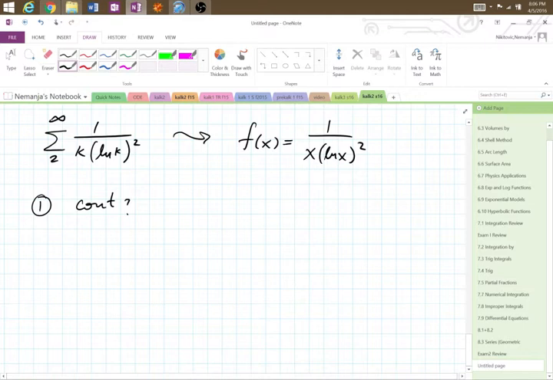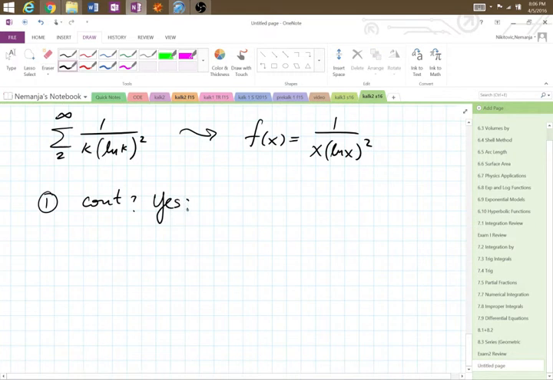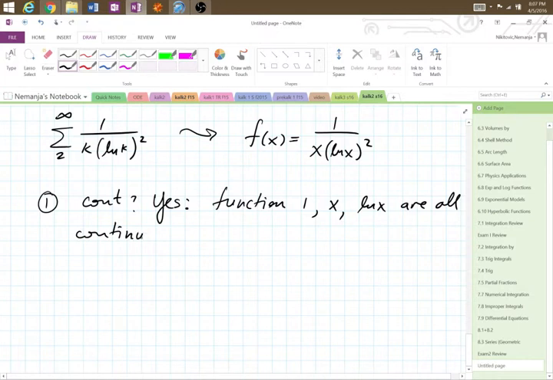And you write a paragraph on that one. You don't have to show calculations. So for continuity, you claim yes, and then you write the reasoning. Functions 1, x, ln x are all continuous, and you can say theorem from Calc 1. That's good enough.